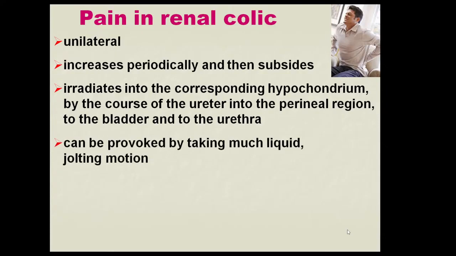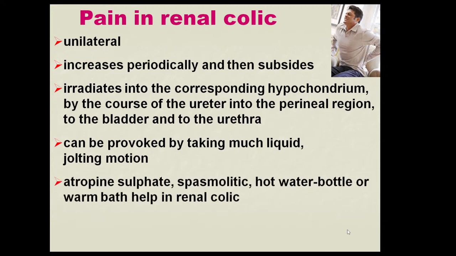It can be provoked by taking much liquid or jolting motion, in other words actions which promote movement of the stone, which obstructs the urinary tract and is manifested with severe spastic pain. Pain may be relieved with spasmolytic medicines, with atropine sulfate.